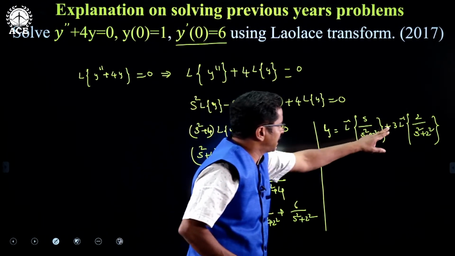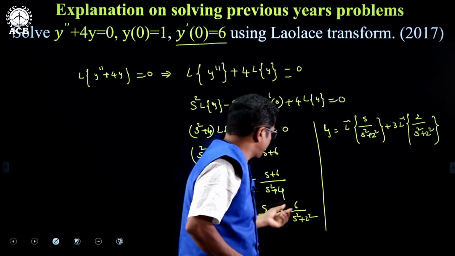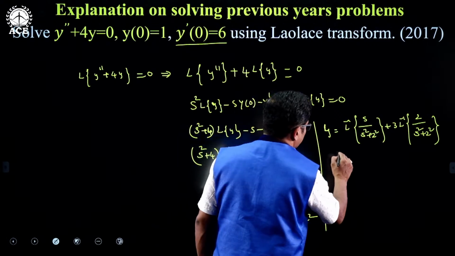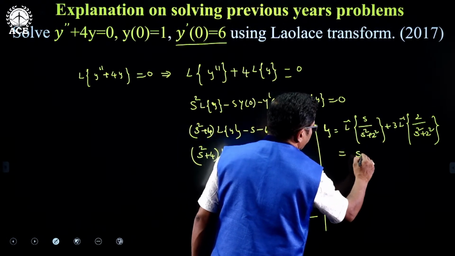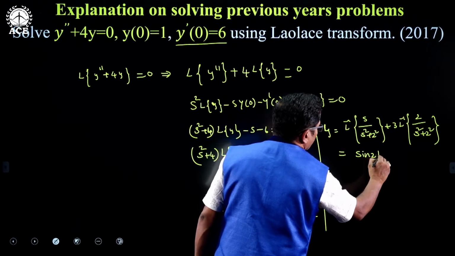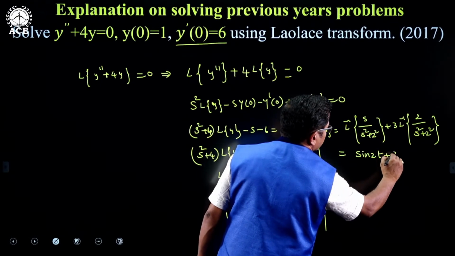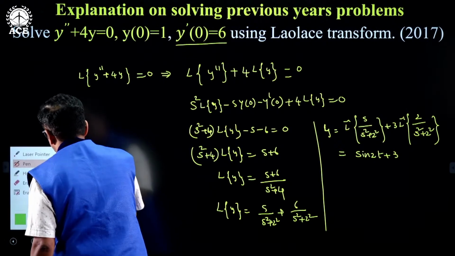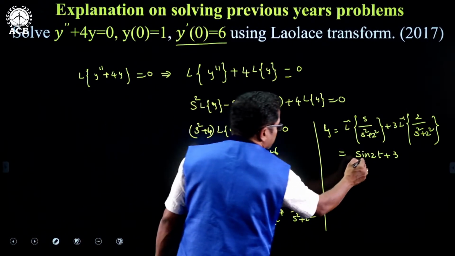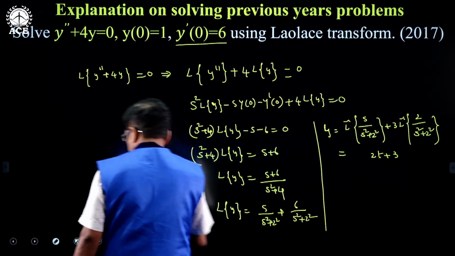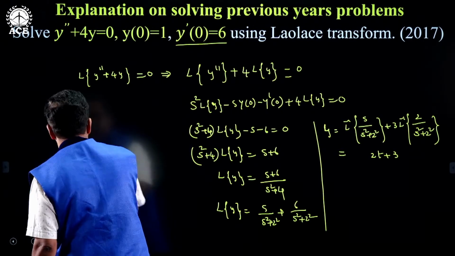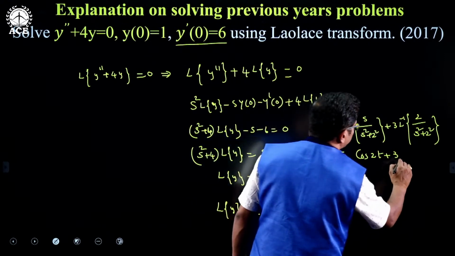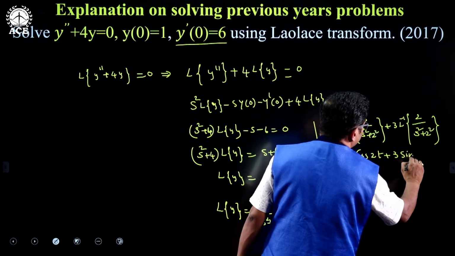That 3 I just bring out, and the remaining 2 I kept inside for evaluating inverse Laplace transform. This becomes cos 2t, sorry, this is cos 2t, plus 3 sin 2t.